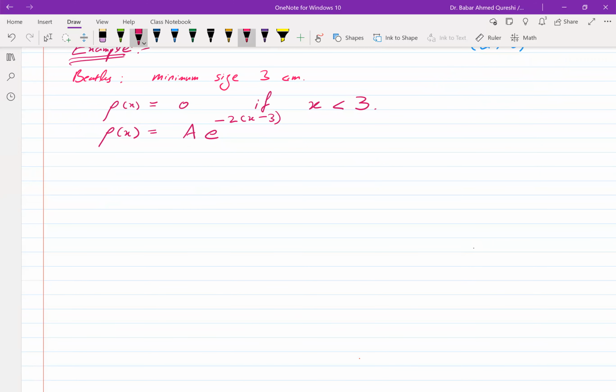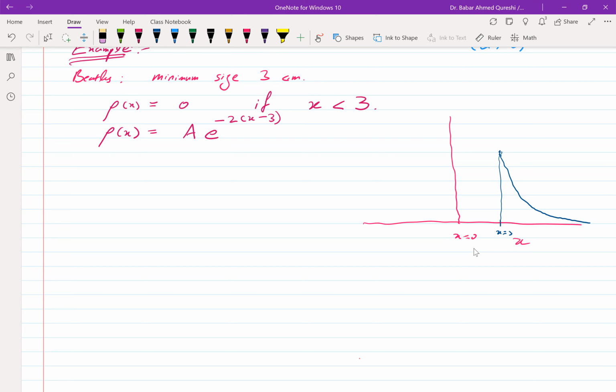I can draw this graph. It's a probability distribution graph. You have the size here, which I'm denoting as x. This is x equal to 0. At x equal to 3, you have some probability curve starting and going down exponentially. Maybe I can draw it like this. And there's nothing over here.